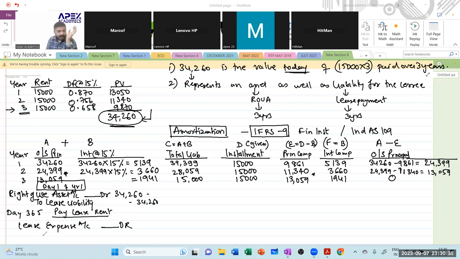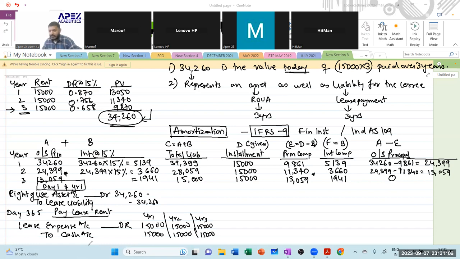Lease expense account debit to cash account. 15,000 on day 365 of year 1, 15,000 on day 365 of year 2, 15,000 on day 365 of year 3. So the primary apprehension that an experienced accountant had with respect to the payment of 15,000 has been taken care of. Now, what comes next?